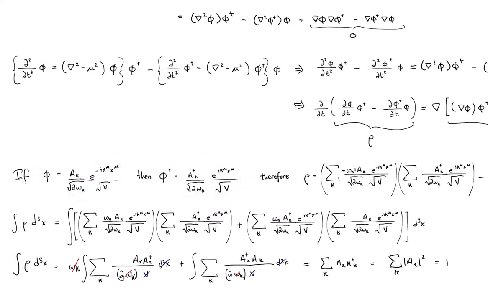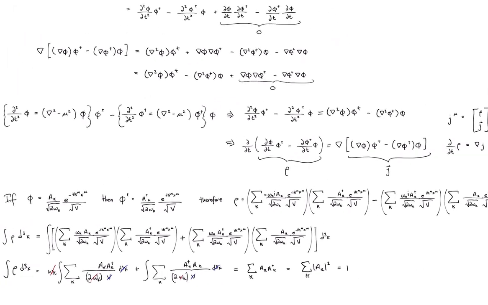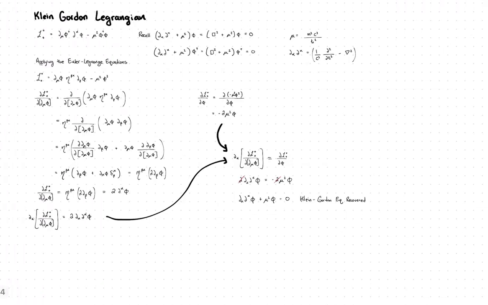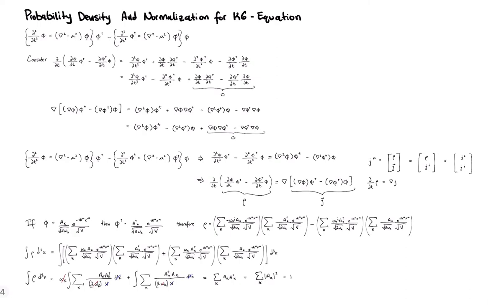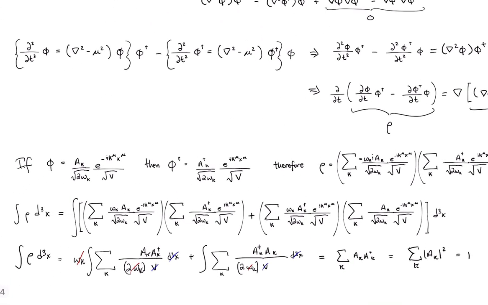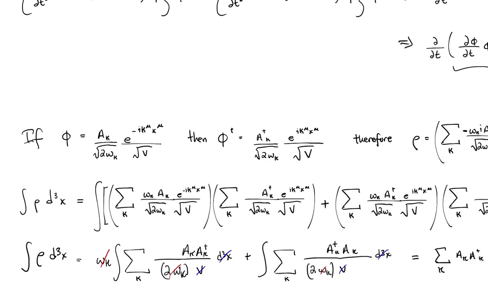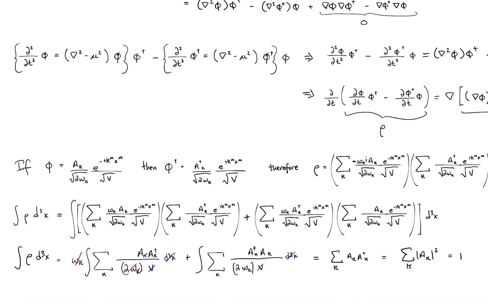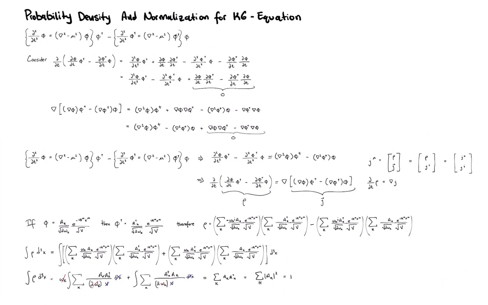And what we're going to find out later is, I'll give you a sneak peek actually, maybe I won't. We'll go over this later, but we'll be able to generalize this even more. Okay. But that is probability density and those normalization constants, these guys right here, for the Klein-Gordon equation.